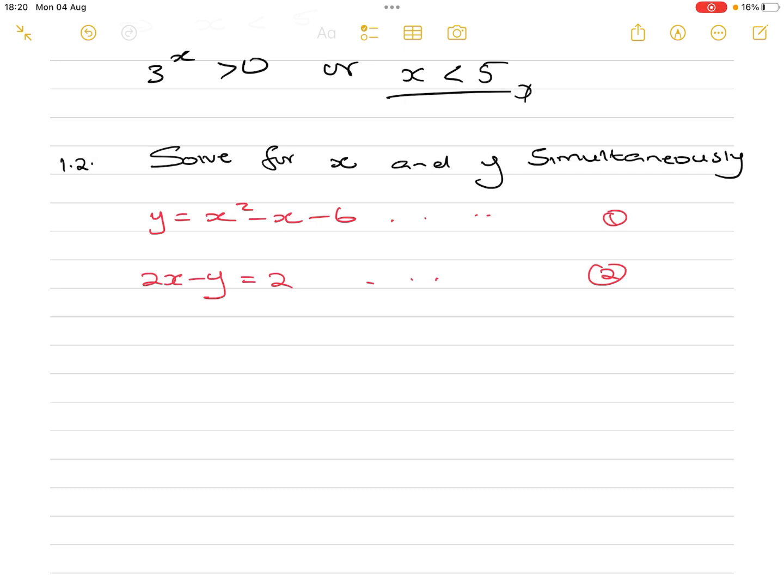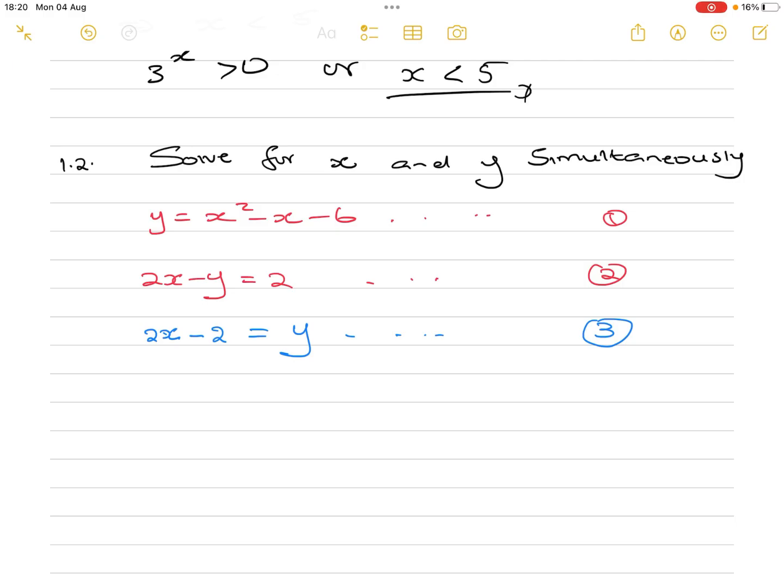If I make y the subject of the formula here, I can then get equation number 3. How do I make y the subject of the formula? So here, by transposing 2x, taking it from the right hand side to the left hand side, it becomes 2x minus 2 is equal to y. So this is equation number 3.